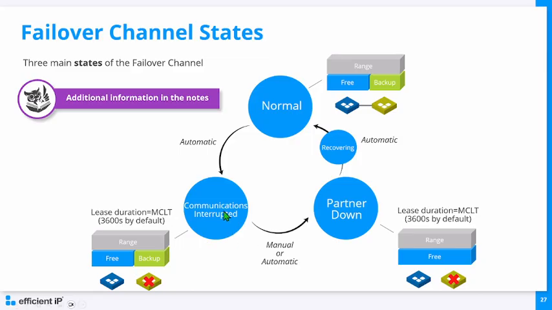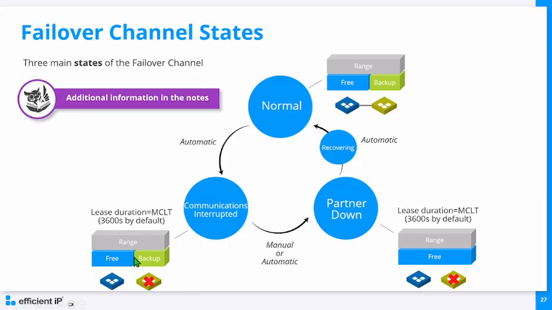During communication interrupt, the surviving DHCP server will offer all the IP and renew all the IP, except that they set the lease period to 1 hour. That is shorter, because normally we lease for a few hours or days. So during a communication interrupt, the surviving DHCP server will offer and renew all the IP with a lease duration of 1 hour, a shorter lease period, so that the client can come back and renew the IP. Hopefully, the failed DHCP server has recovered.